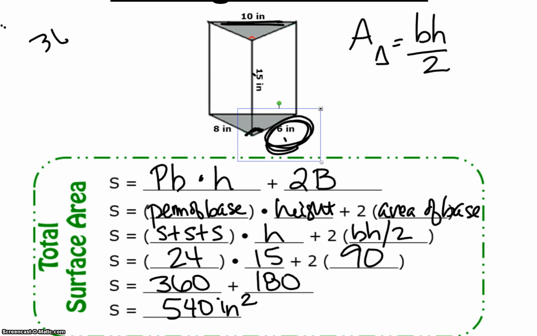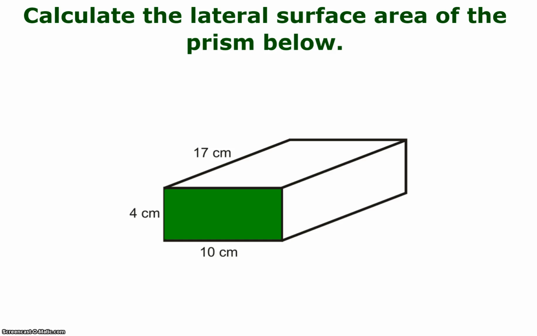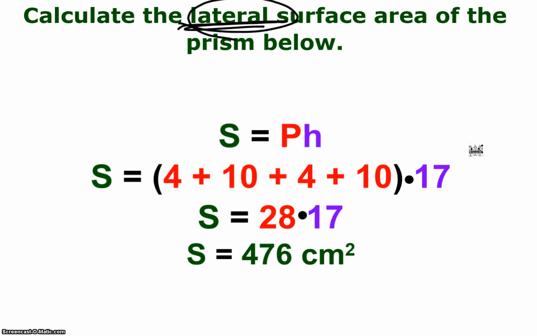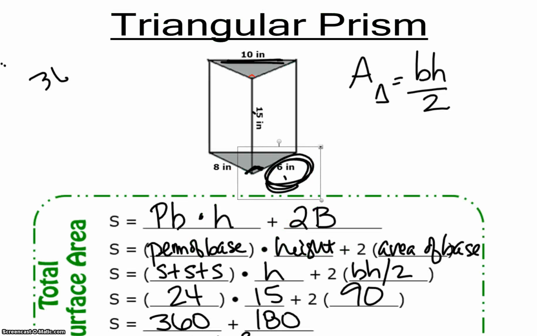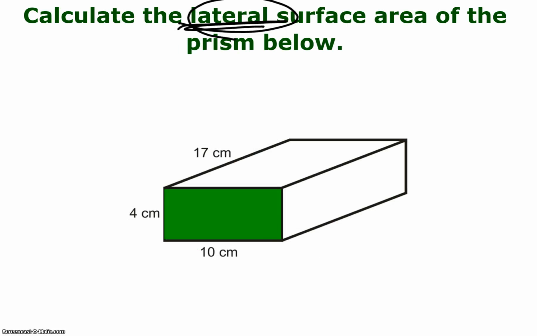So now let's practice. Calculate the lateral surface area. I'm going to circle or underline everything it's asking me. I know it's a prism, so my formula is S equals perimeter times height.